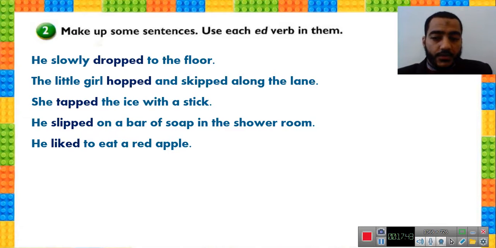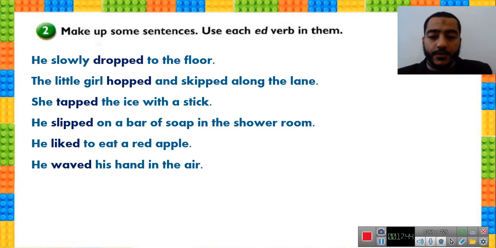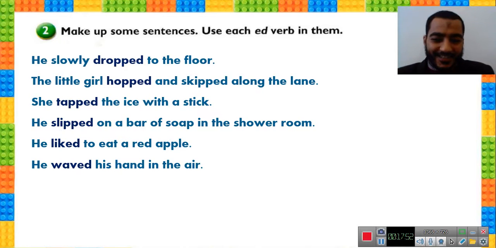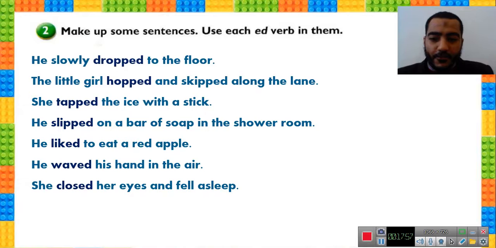He waved his hand in the air. She closed her eyes and fell asleep.